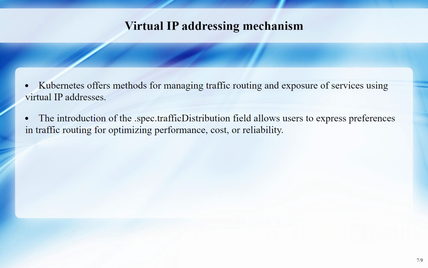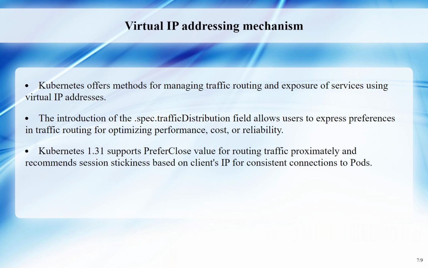Additionally, it introduces the .spec.trafficDistribution field, which allows you to express preferences in traffic routing, such as routing to topologically closer endpoints for optimizing performance, cost, or reliability. This field is optional and requires enabling the ServiceTrafficDistribution feature gate.